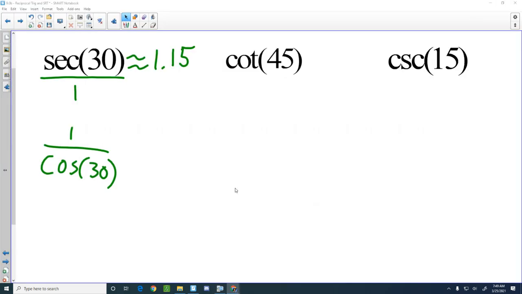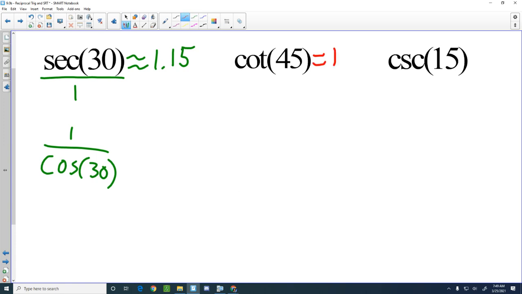All right. So those are the reciprocal trig functions. This was exactly 1, and this was 3.86. Any questions on these reciprocal trig functions? Oh, good question. Anyone know why I use squiggly lines instead of those straight lines?